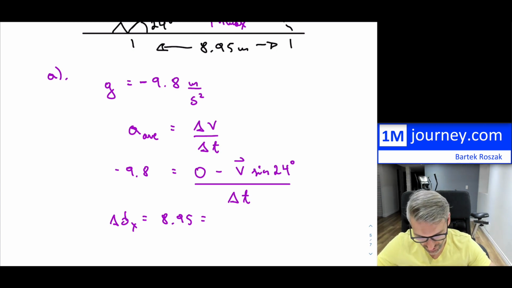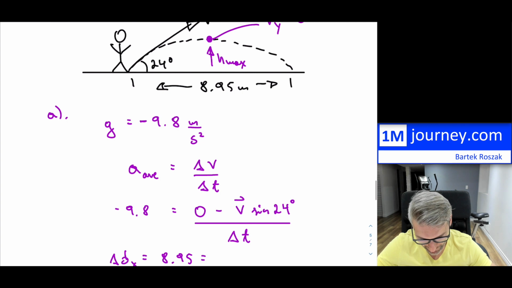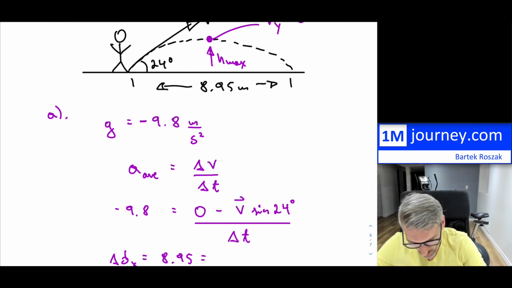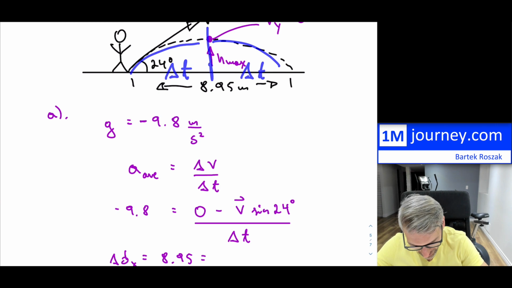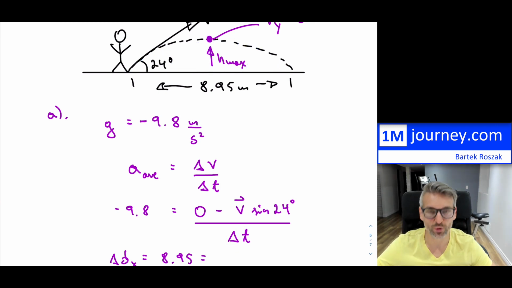Now, of course, this duration is going to be longer than the peak. However, we know that the peak happens at the midpoint. So from here to here, this happens at the midpoint, and then from here to here, it's basically symmetrical. So this is delta t and this is delta t. So that's two of those that I have.